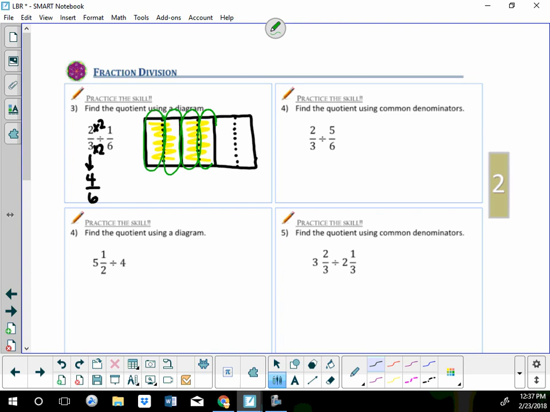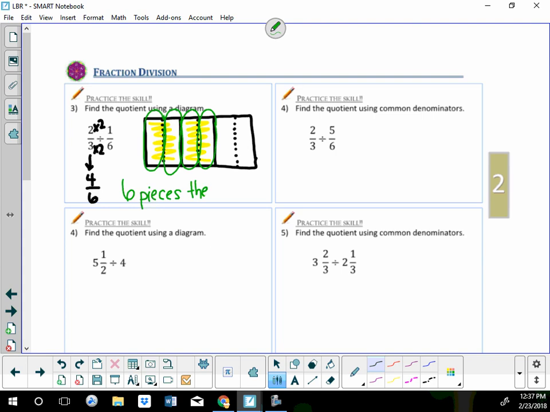So the question was, can we just say 4 or is the answer 4 sixths? Our answer is 4 pieces, or 4, depending on what the context of our problem is.